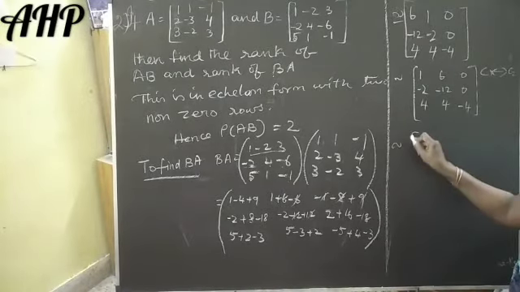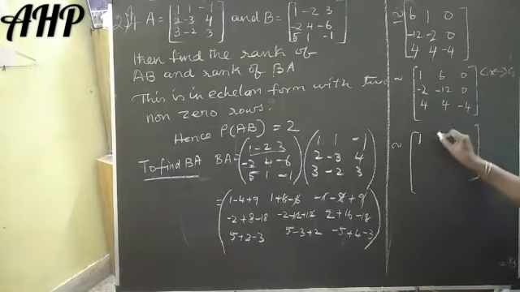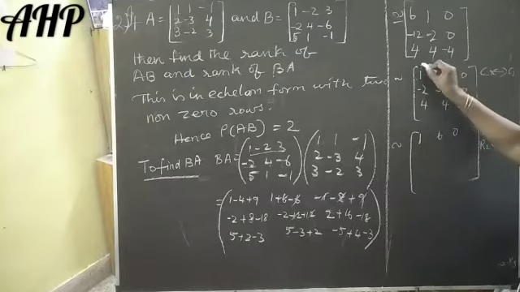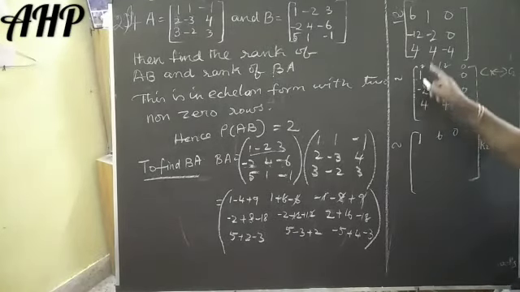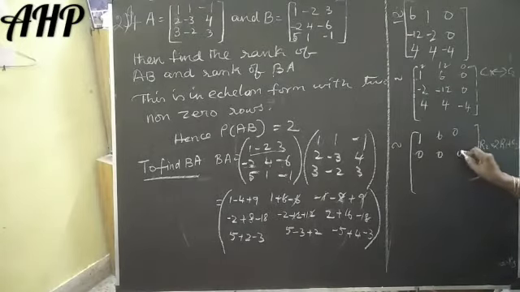So this is equivalent to, now our aim is to make this place 0. So we are going to get 1, 6, 0. R2 is equal to 2R1 plus R2. So multiply the first row by 2, you are going to get 2, 12, 0. So adding these two is going to give you 0, 0, 0.